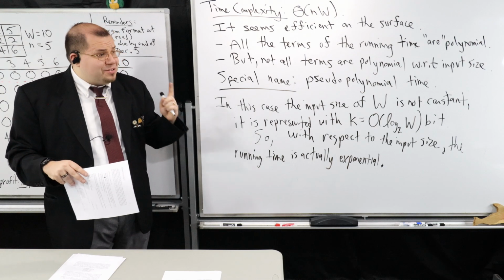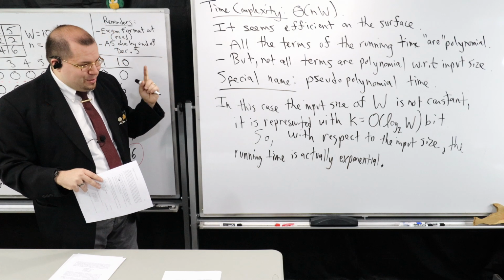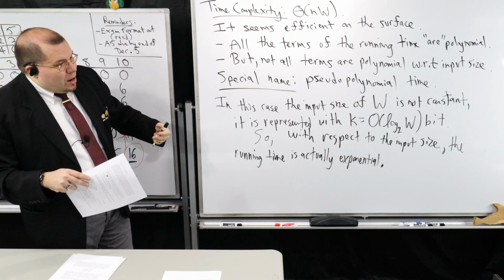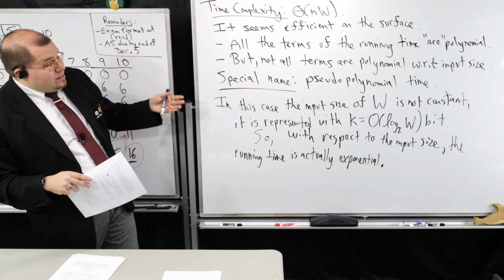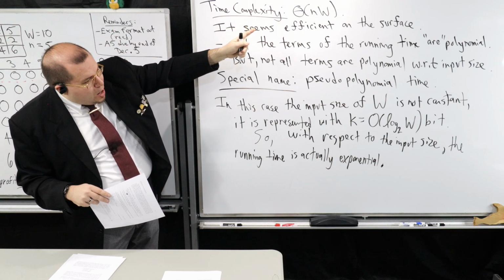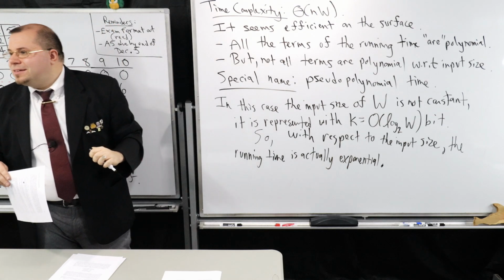This is one of the cases you're going to run into in this course, and I want to make sure you've seen it once. When you deal with numbers, so optimization problems that encode numbers, sometimes you have to be careful when a number pops up in the running time like this.